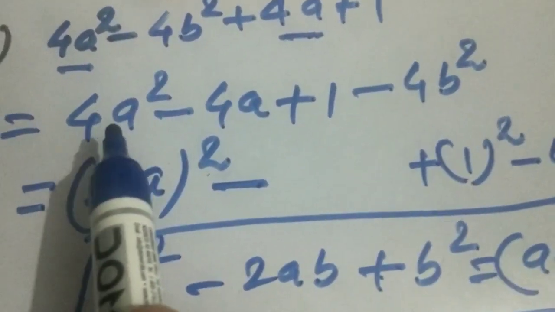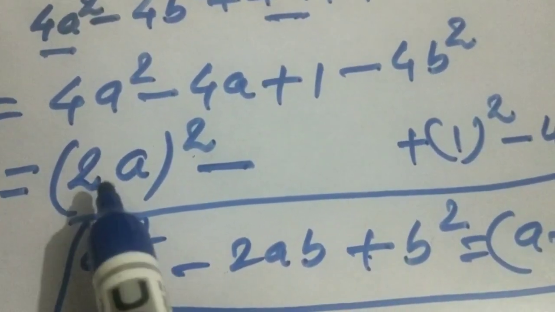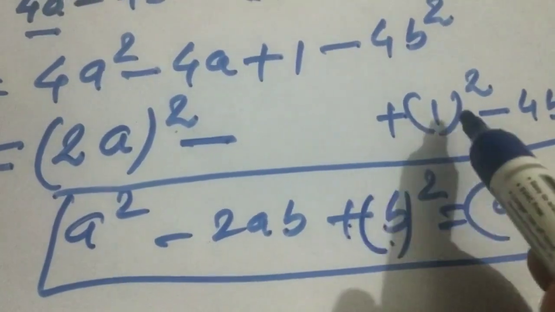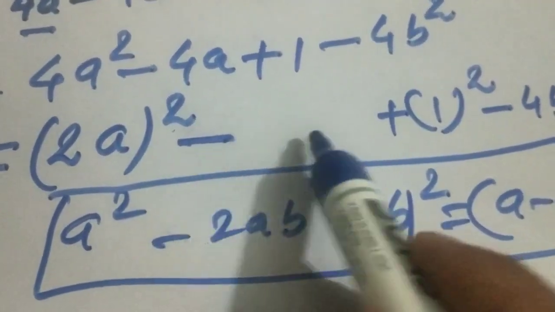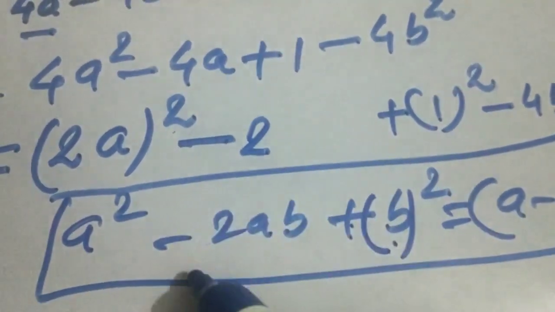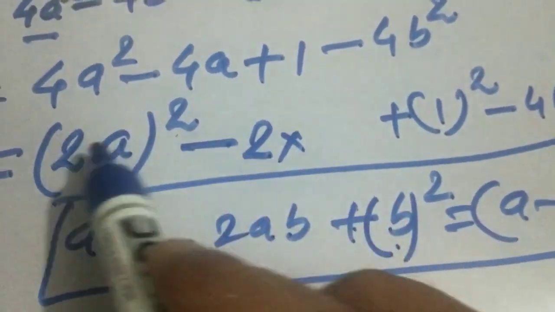We have already discussed it. This is the formula for you: a square minus 2ab plus b square is equal to a minus b the whole square. So 4a square can be written as 2a the whole square. At the place of a there is 2a, and at the place of b there is 1, and in between you have to write minus 2ab. So write 2 as in the formula already, and at the place of a write 2a.